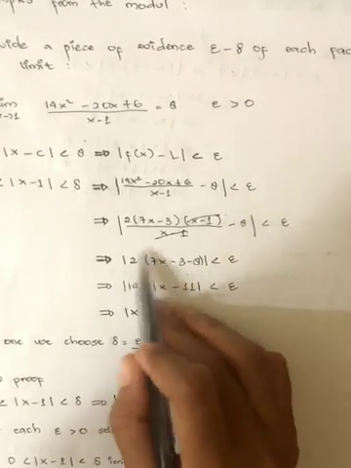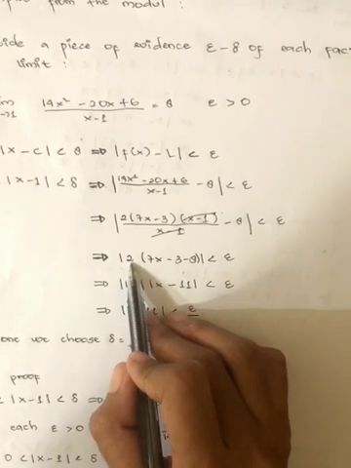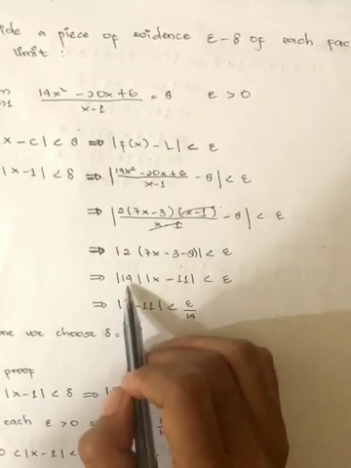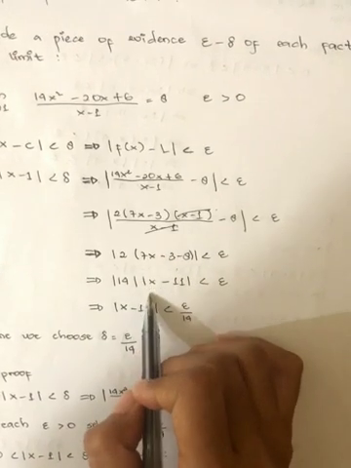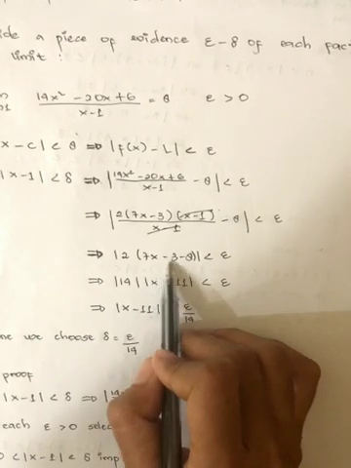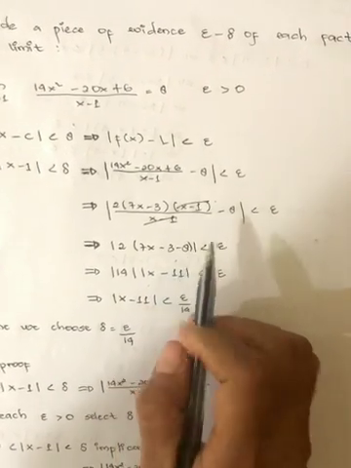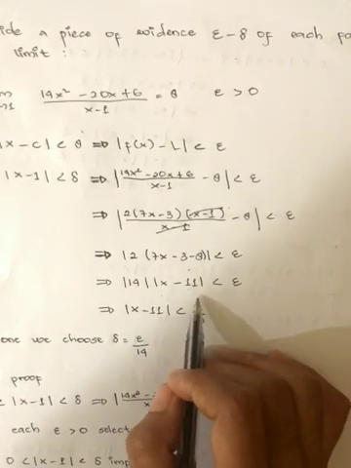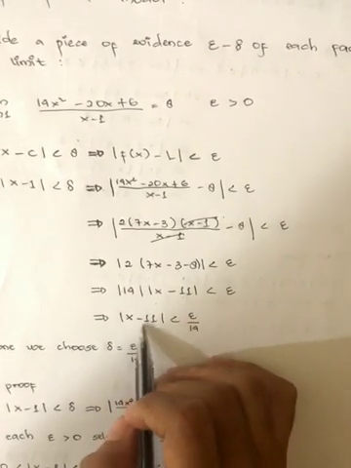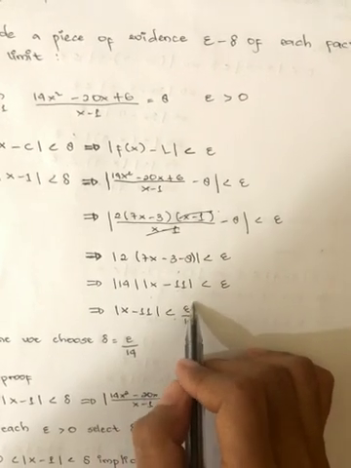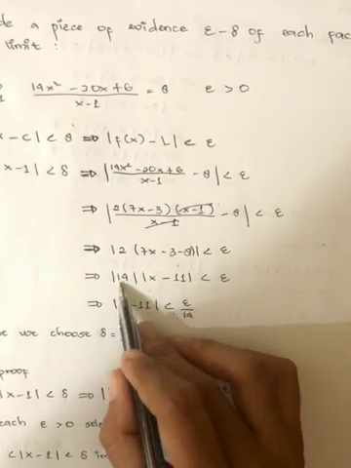We multiply: 2 times 7 is 14, and x minus 1 from 7x minus 3 minus 8, and we separate it, so the absolute value of x minus 1 is less than epsilon per 14.